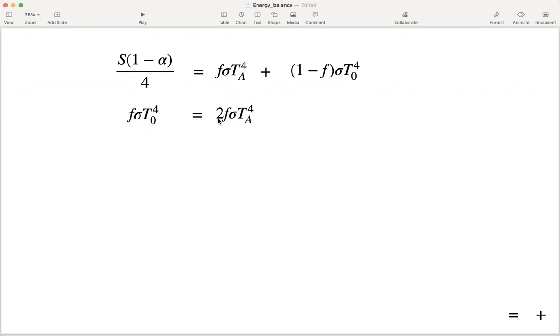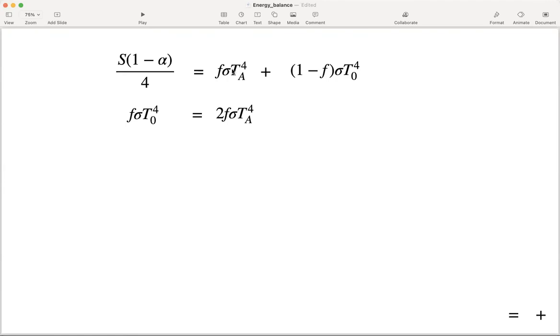And so what we need to do here is get rid of this atmospheric temperature in this equation, right? Because we're only interested in T naught. So what we need to do is rearrange this equation so that we can substitute for this using some form of T naught, right?